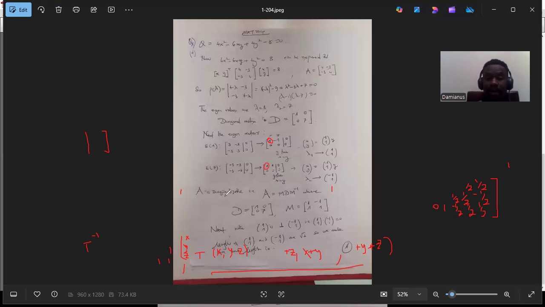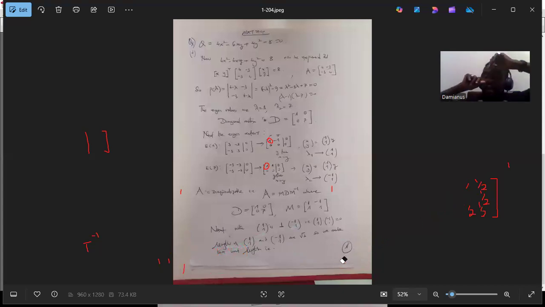So A is diagonalizable. That means you can express A as M D M inverse, where D is this and M is this. Now, the next thing I said here was that we can take a step further and not only say A can be diagonalized, but we can notice that if you take the dot product of (1, 1) and (-1, 1), you get 0.